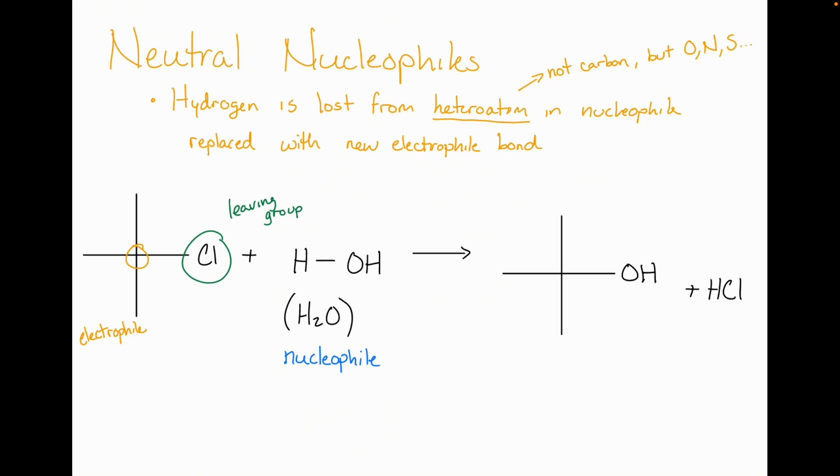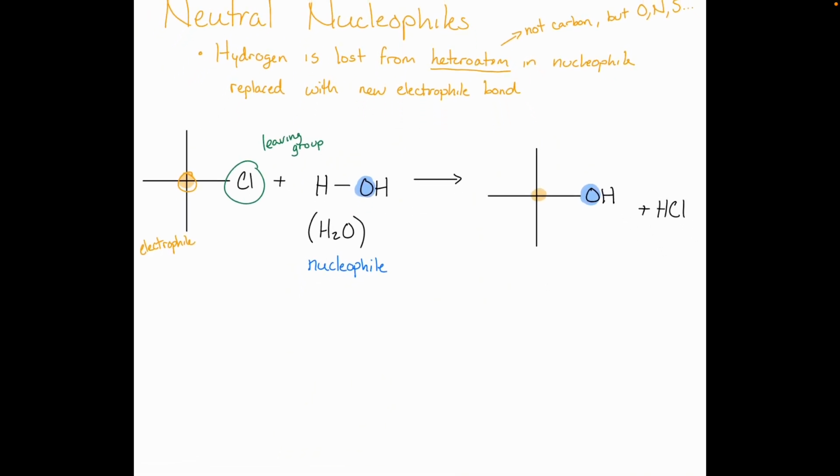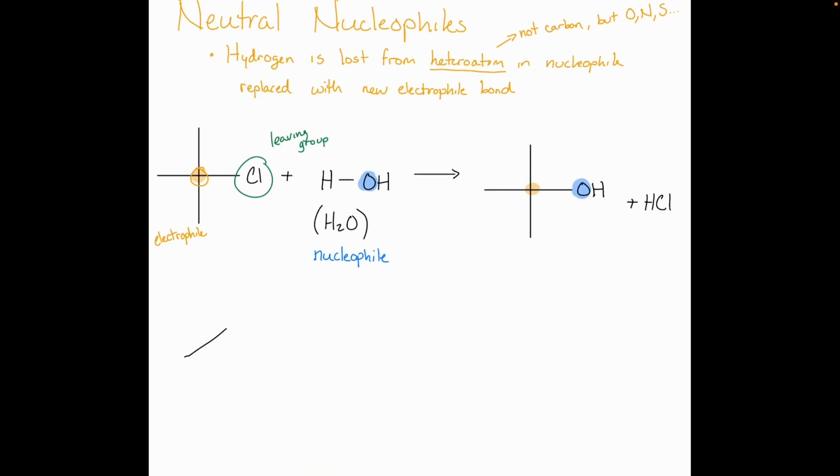Right, so my oxygen is what's forming that new bond with that electrophilic carbon. That oxygen loses a hydrogen and gets a new bond with that electrophile. All right, so let's just practice this.